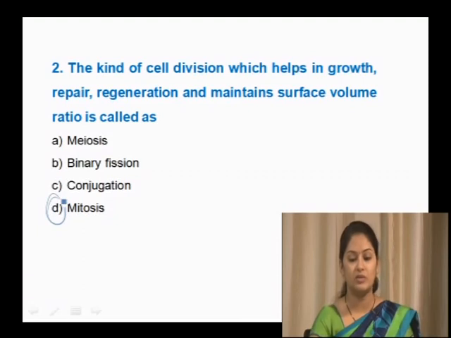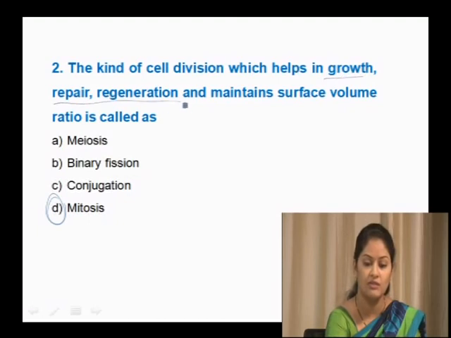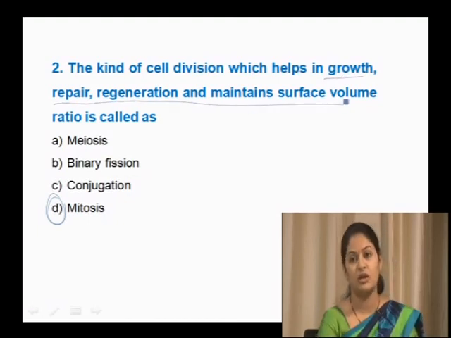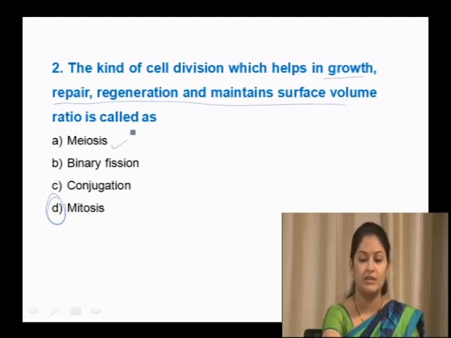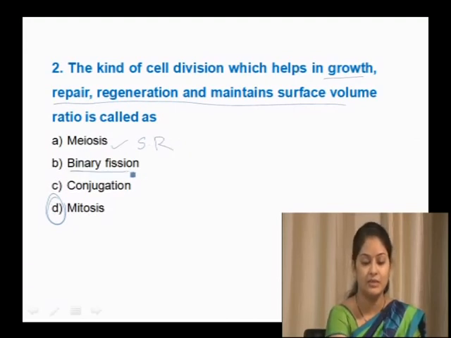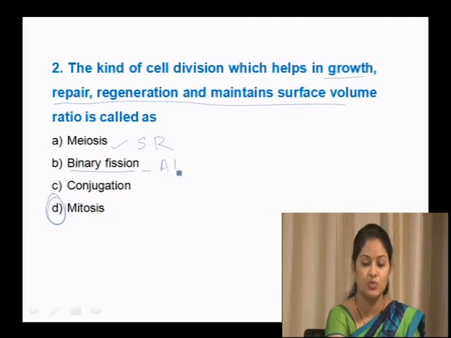You can consider that the above mentioned properties are all the functions or importance of mitosis. Now, meiosis is not associated with repair and regeneration. Instead, it is associated with sexual reproduction. Next, binary fission is similar to mitosis, but it is not a universal phenomenon, and it is found only in a few kinds of cells, and it is mainly associated with asexual reproduction.